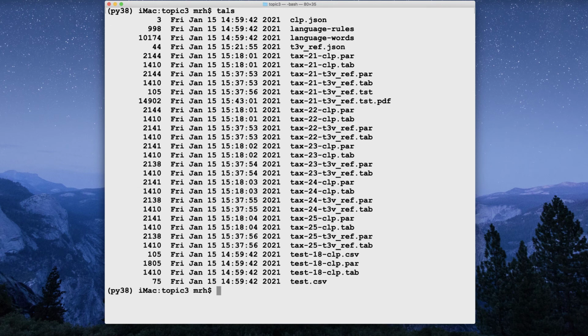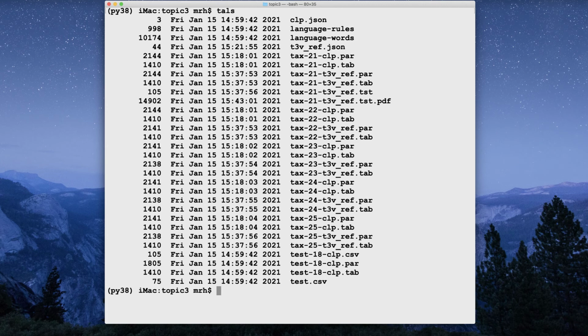It's quite a few. This is why we highly recommend that you get into the habit of creating a new directory for each project that you do, because the number of files that you can generate in just one afternoon is pretty substantial.